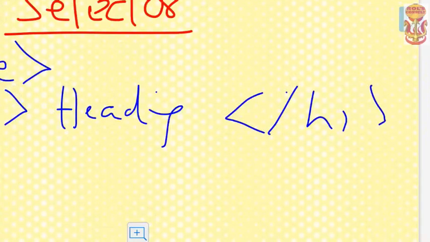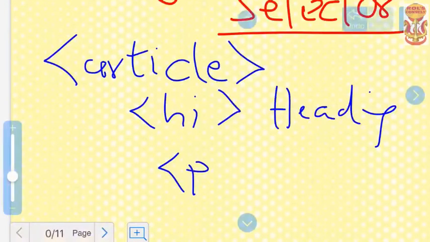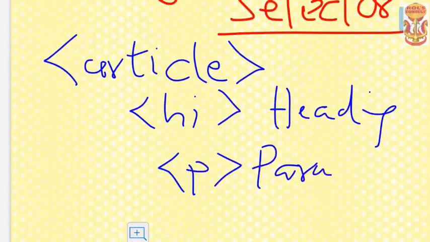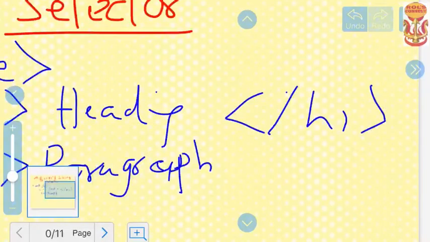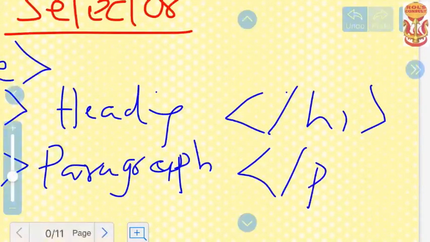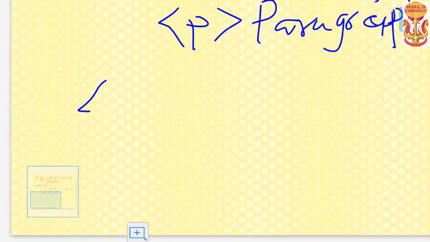Then I have my paragraph element with the content paragraph. Then I close it. Then let me close my article element.